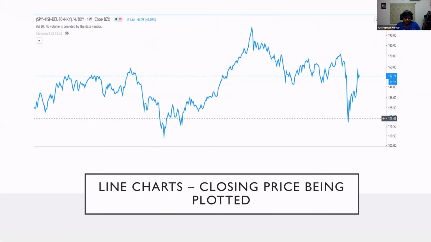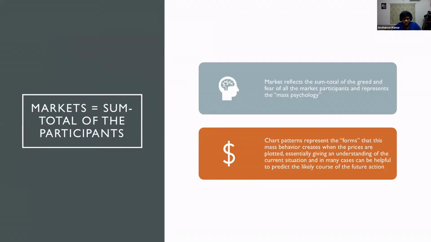Now the question really is, what kind of information or insights can you actually draw by looking at a line chart? So let's understand a little bit about the markets and what exactly these chart patterns represent. The markets comprise different types of investors and traders who have different motivations.